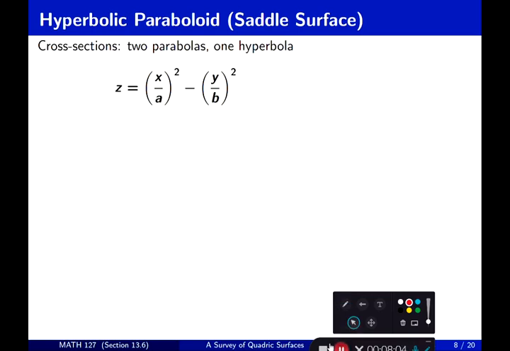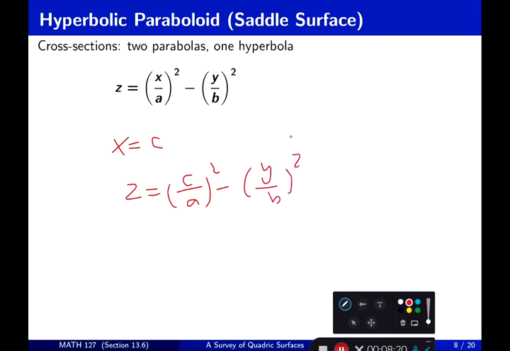So what if I find the cross sections with x equal to a constant? Then we get z is equal to c over a to the power 2 minus y over b to the power 2. See, again, here c over a to the power 2 is just a constant, and therefore we get a parabola again.